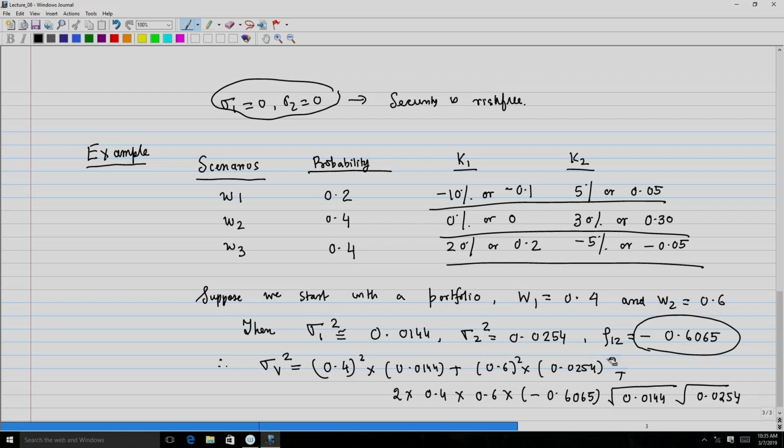So, there should not be any square here. So, this is your W 1 square, this is W 2 square, this is twice W 1 W 2, this is sigma 1 square, this is sigma 2 square, and this is sigma 1 sigma 2, and this is rho 1 2.